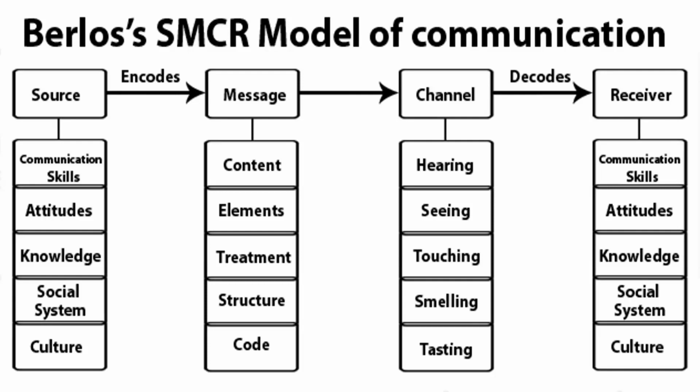And seeing, the sense of sight, needs to be activated because when you communicate to someone, it's very important to have eye contact. Communication through touching is also important. It has a message to tell also.